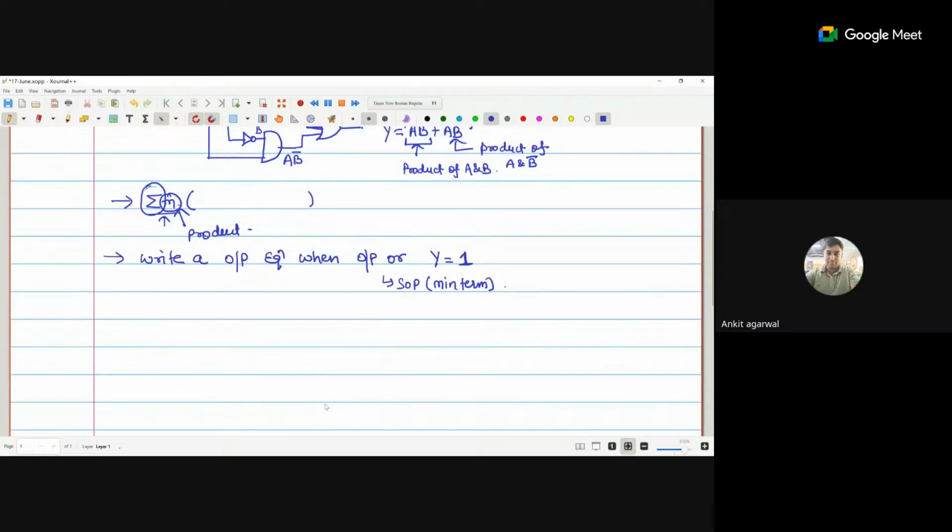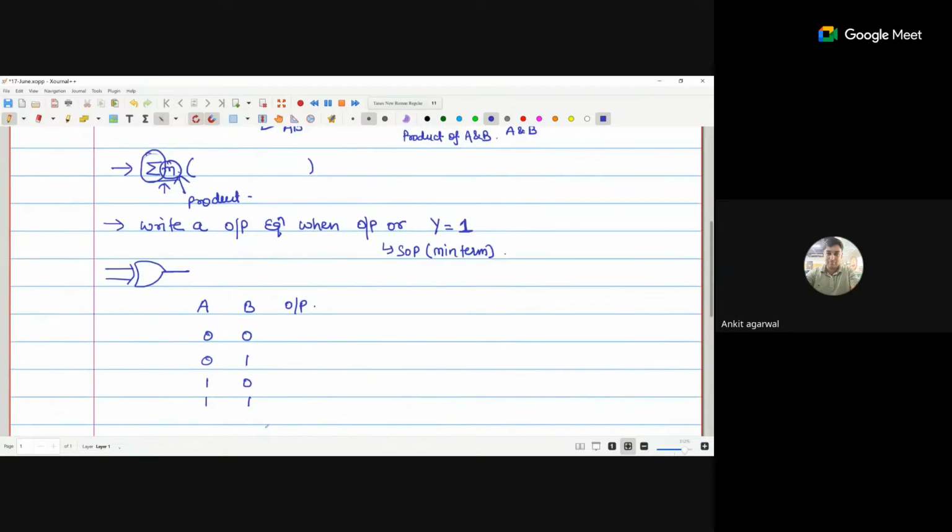For an example, I have an XOR gate. This is my XOR gate, with inputs A, B, and output. For the two inputs A, B, we have four possible combinations: 0 0, 0 1, 1 0, and 1 1. The outputs we get are 0, 1, 1, and 0.